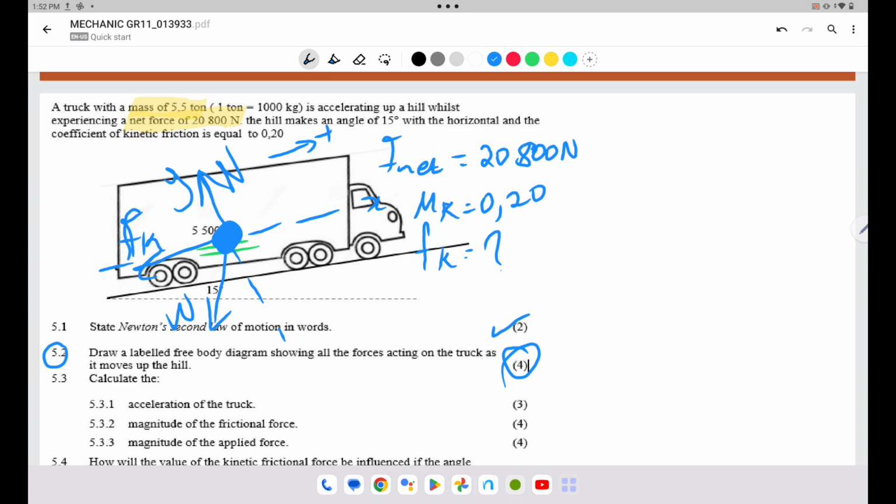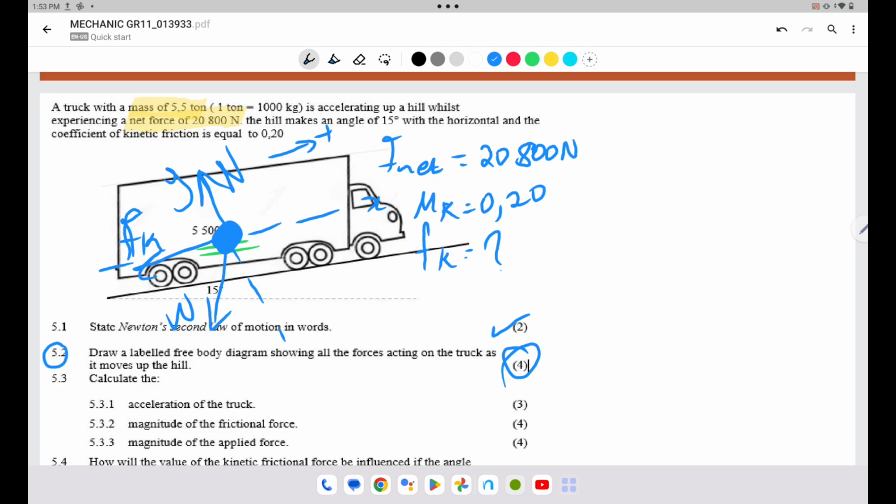Question is, what is causing this truck to move up the slope? So if you have experience of driving, you probably know that to get a car to move up a hill, you need to step on the accelerator. So there is a force which is being applied by the engine, which is causing the car to move up the slope.